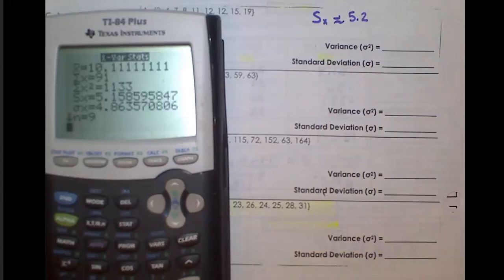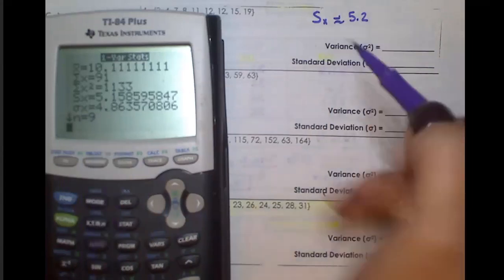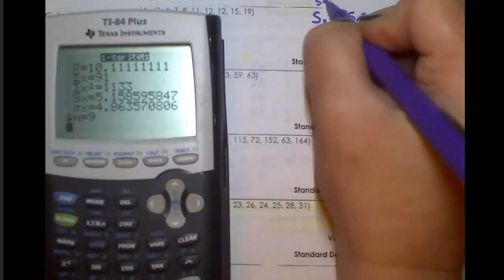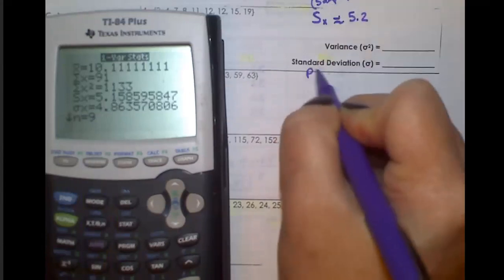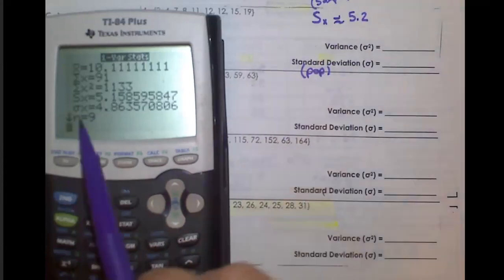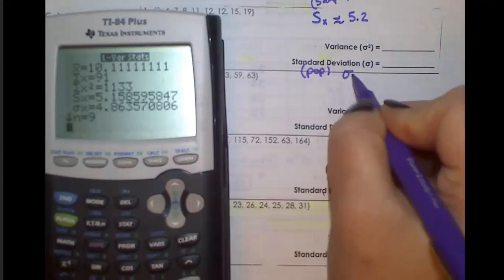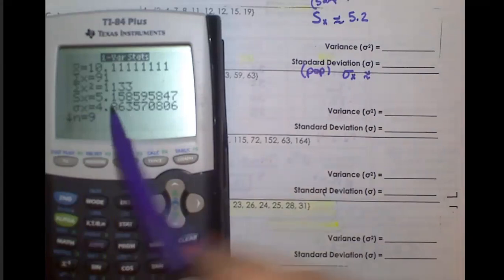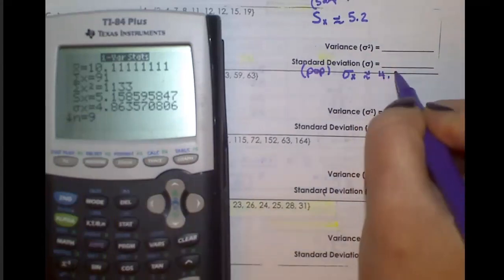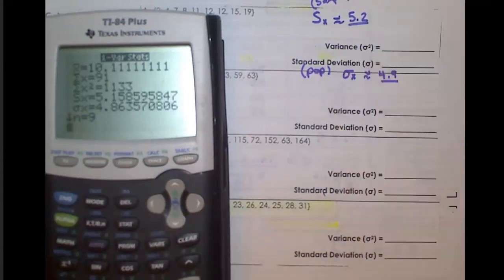That's your sample. If I go down here, this one right here is my population standard deviation. The population uses this symbol here, and it's approximately 4.9.